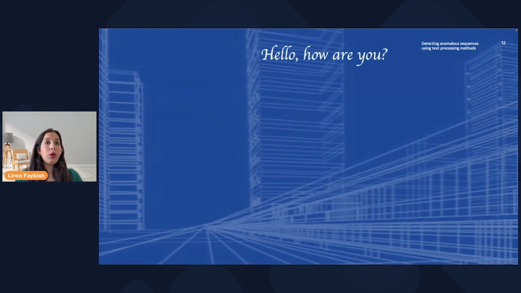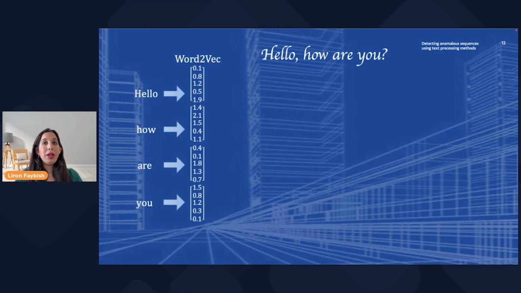An example of using word-to-vec with RNN autoencoder could be the following. Suppose we have the sentence: Hello, how are you? With word-to-vec, each word is represented by a vector, and the sentence is a sequence of vectors. For example, the word hello is represented by the vector 0.1, 0.8, 1.2, 0.5, and 1.9.